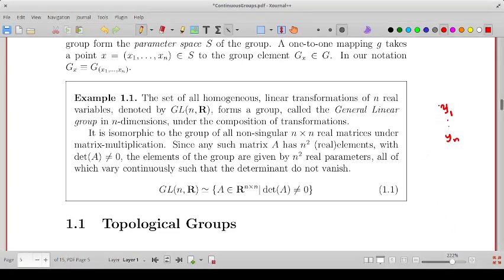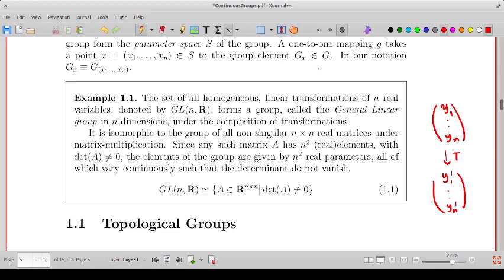So starting from n real variables, we can consider a transformation to y1 dash, etc. up to yn dash. Again, n real values. And this transformation is linear and homogeneous.